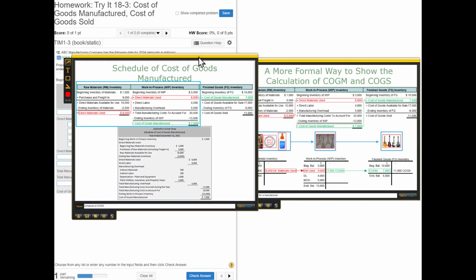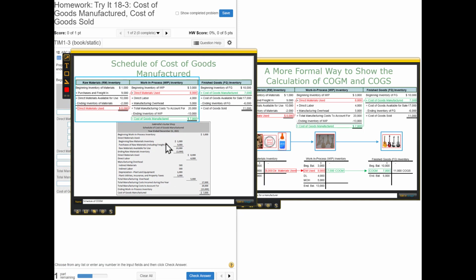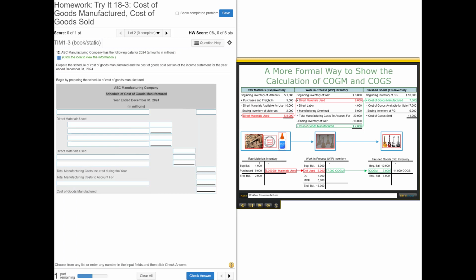But let me show this to you again. As opposed to some of the other homework problems, on this schedule of cost of goods manufactured, we will be breaking out this formula to calculate direct materials used. Our first step in calculating cost of goods manufactured is starting with beginning inventory of work in process.